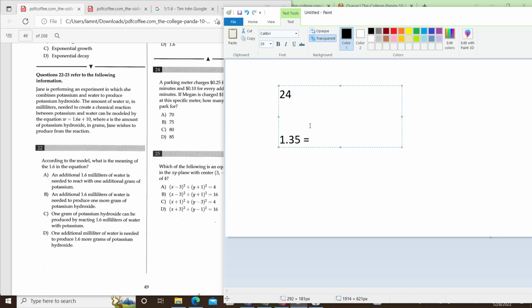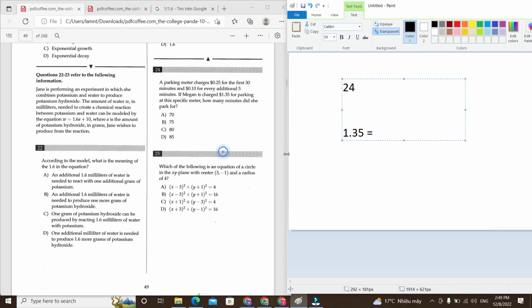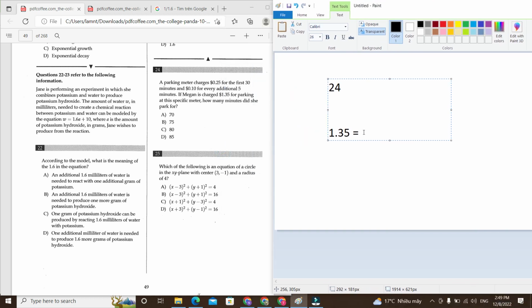So we know that the initial charge is 0.25, that's for 30 minutes, and 0.1 for every additional 5 minutes. So this 1.35 is 0.25 plus 0.1 times how many times? It is 11 times, right?